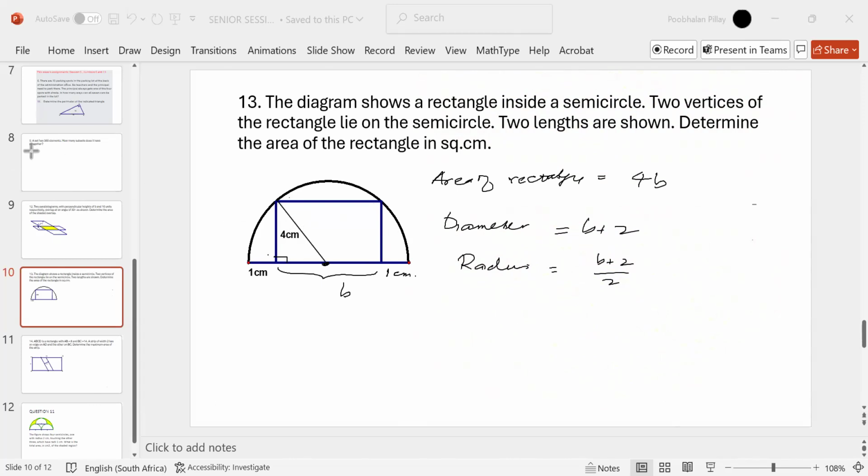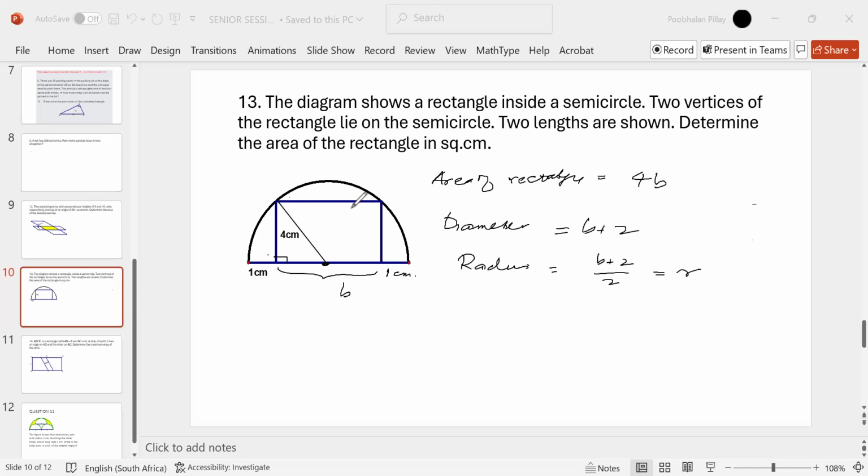But then you've got a little right angle triangle. So let's call this thing R. Let's actually find the radius, and then from there we'll be able to work out what B is.